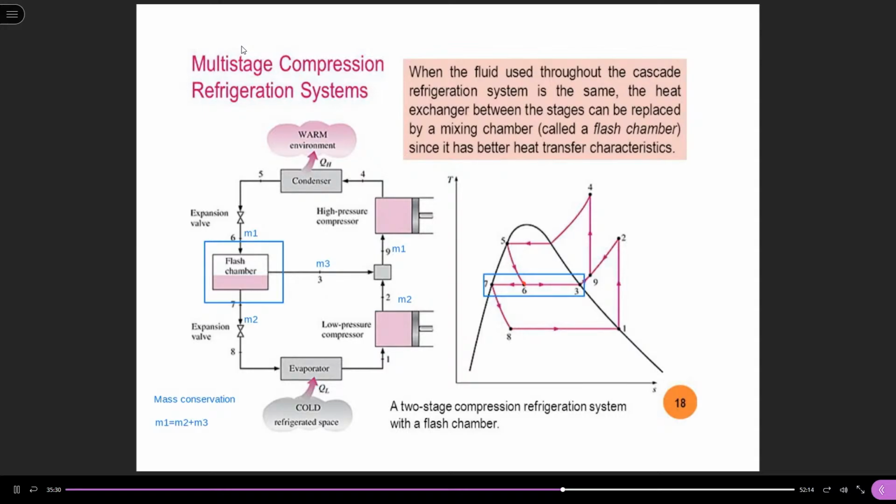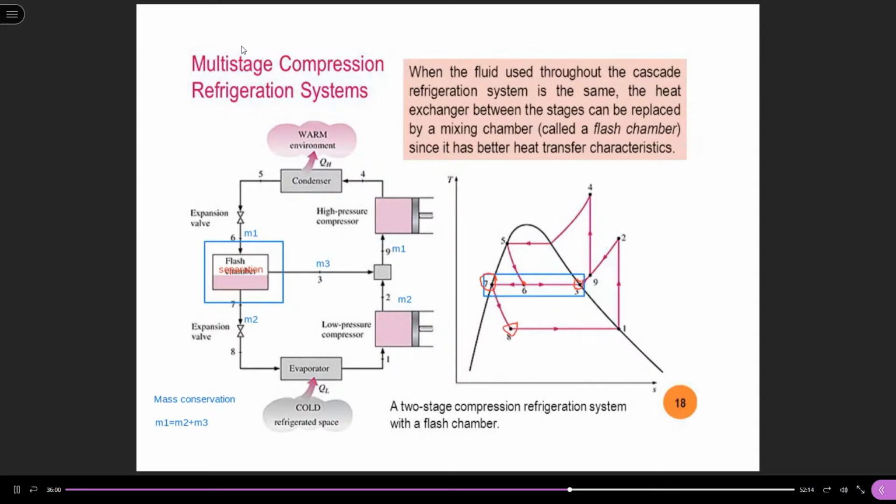For this separation process, on state 6 there is the saturated mixture, then the dry saturated vapor will enter into this mixing box, and then the saturated liquid will be throttled by the low pressure expansion valve to state 8.